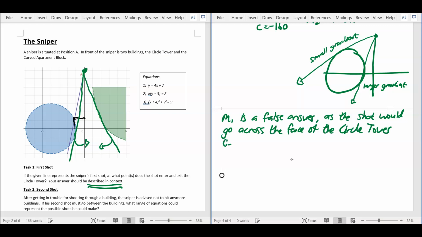And then just link that to what I was saying before, i.e. it's the smaller gradient.